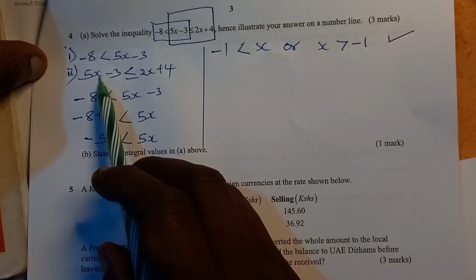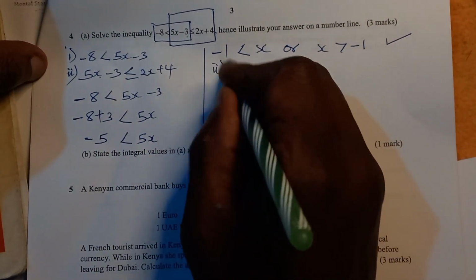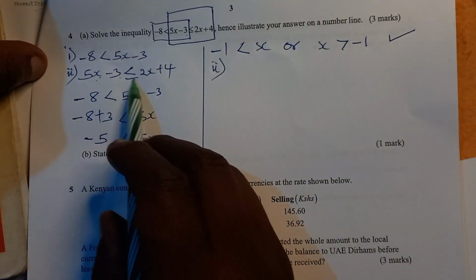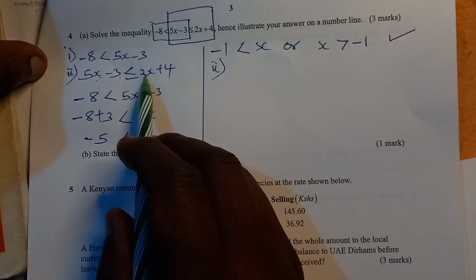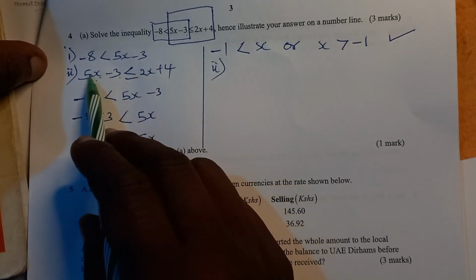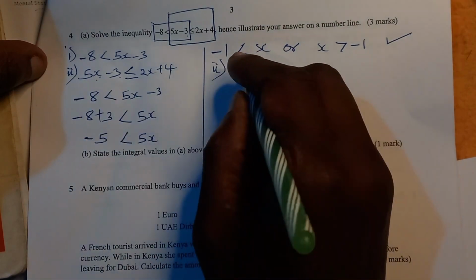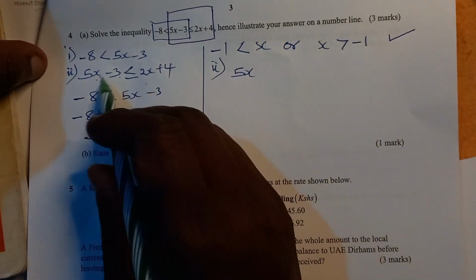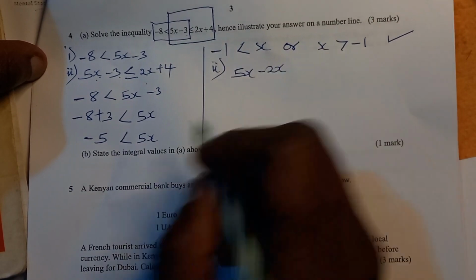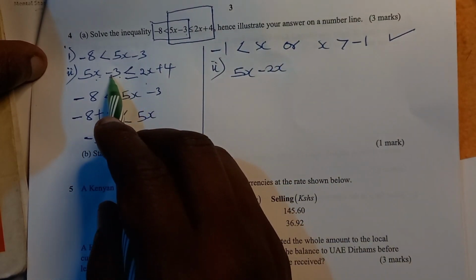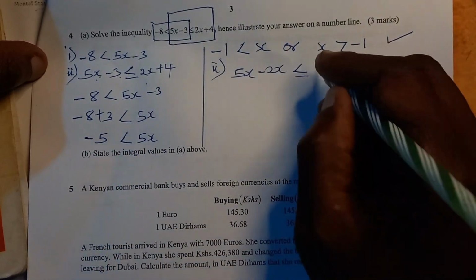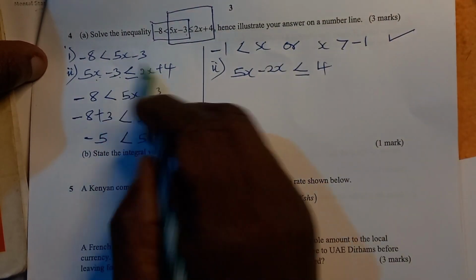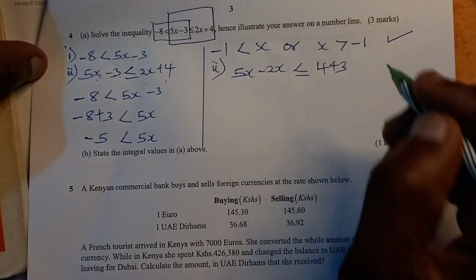So we take the second one: 5x - 3 ≤ 2x + 4. Let's take the like terms together. Let me take x to the left hand side, so this will have 5x - 2x, and then -3, I take it to the right hand side, so we shall have 4 plus 3.